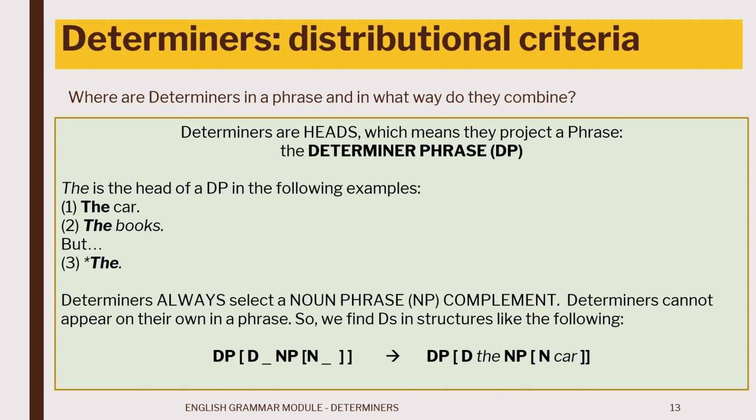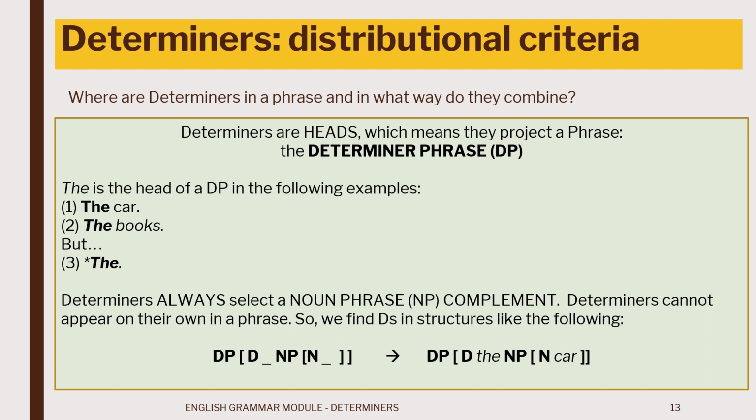So the definite determiner, the, is the head of a DP in the examples you see there on the left: the car, the books, and the. But there is a problem in the third example. The alone is ungrammatical. So we know that determiners always, not sometimes, they always select a noun phrase complement.